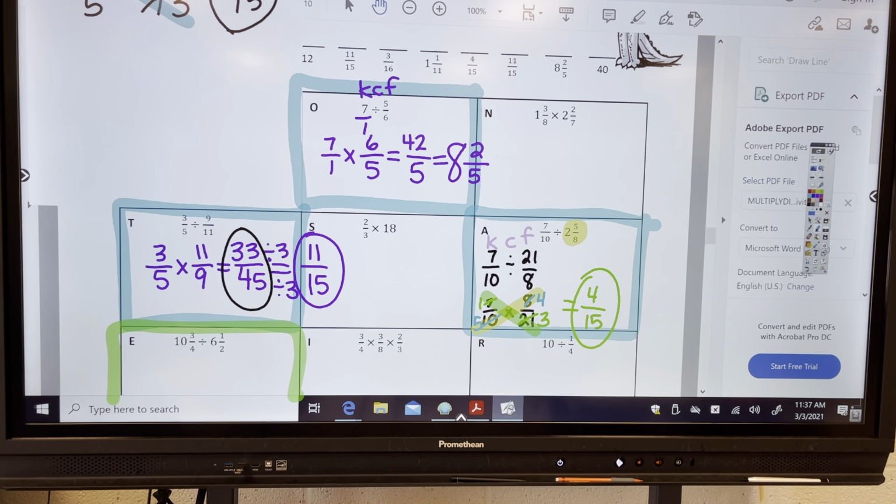Okay, you have a mixed number, so you've got to change it to an improper fraction. So do that first. Both of them.